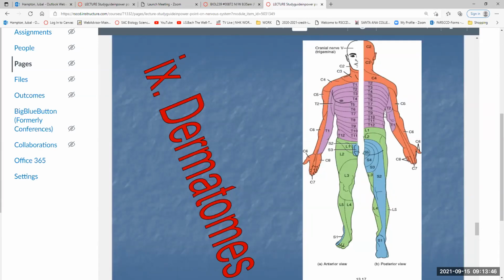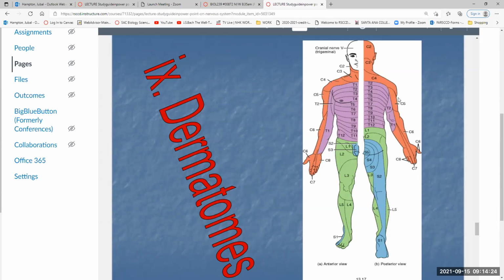Now, you don't have to memorize these at this level for yourself, but if you went on into graduate medicine, and let's say, especially if you went into medical school and you became a neurologist, a specialty, you would have to commit to memory all of these patches, all this pattern, and these nerves, because it would be your job to evaluate a patient for any type of paralysis in function or sensation based on these areas.